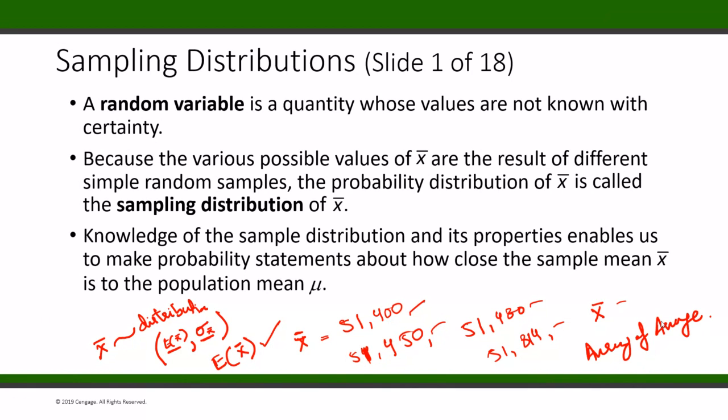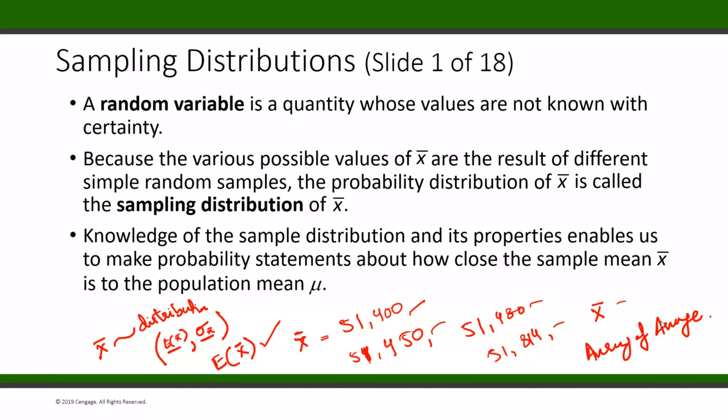Because the various possible values of X bar are the result of different simple random samples, the probability distribution of X bar is called the sampling distribution of X bar.